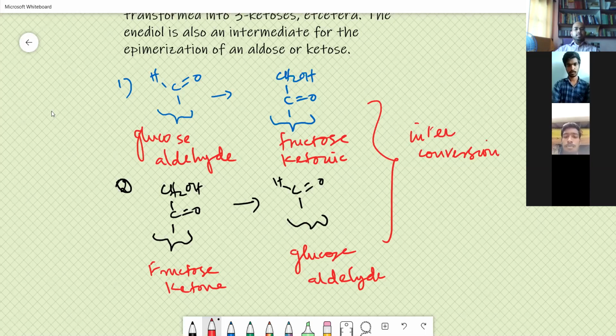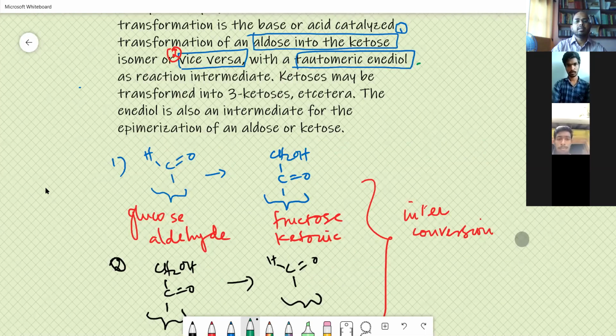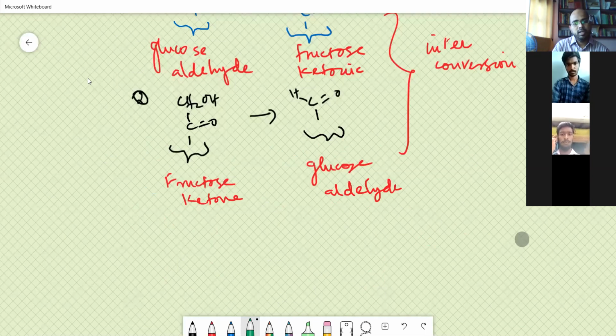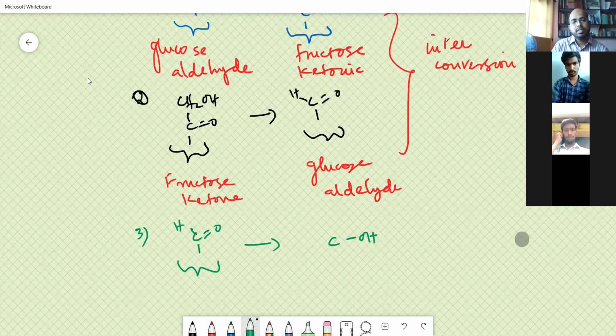The other thing that is going to attract your attention is the third point, the tautomeric enediol. Suppose you have this C=O and H here. While converting it, you will get an OH and H part. This part will have an asymmetric carbon atom at the center.